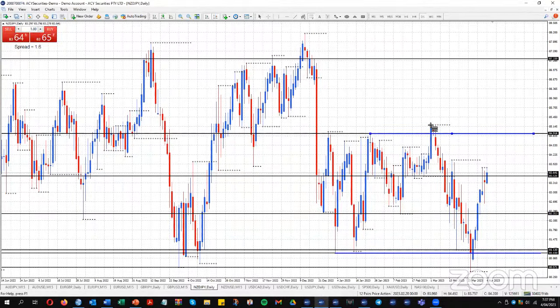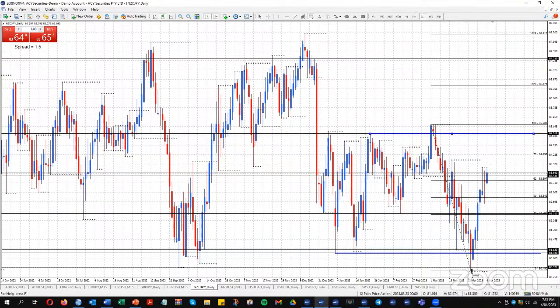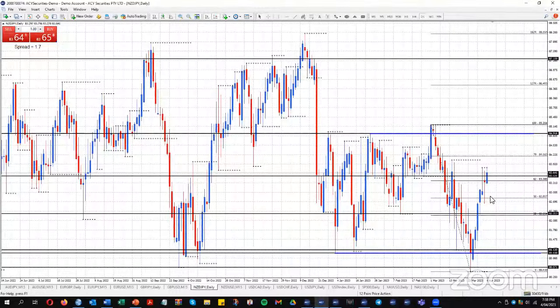And of the whole range, there's a 62% area here. So at the moment, what does the close of today bring, first of all, would be my question. If we get another close below 63.53 here, this could be a topping out point to move back down to weekly support.